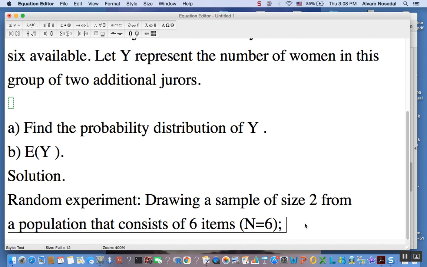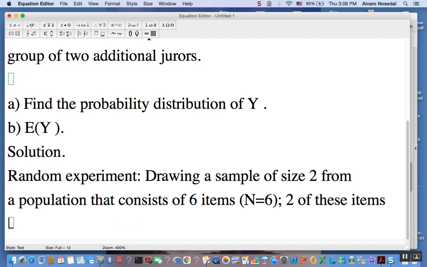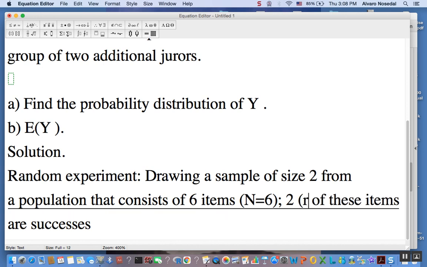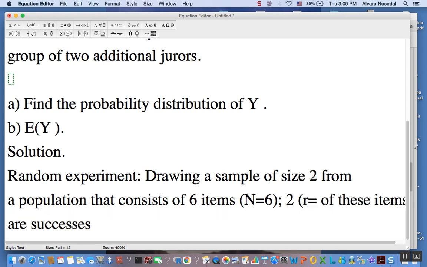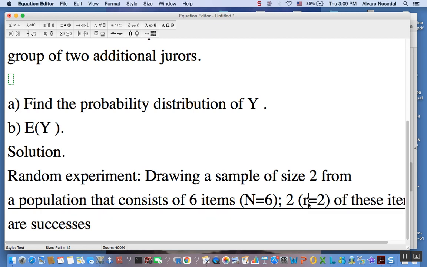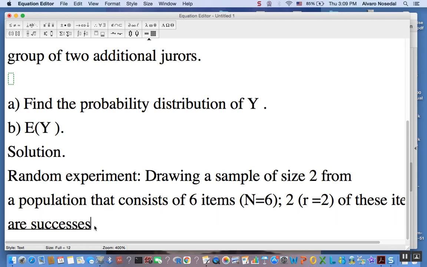So 2 of these items are successes. By the way, in general, we're going to be using the lowercase letter r to refer to the number of successes in our population of interest.